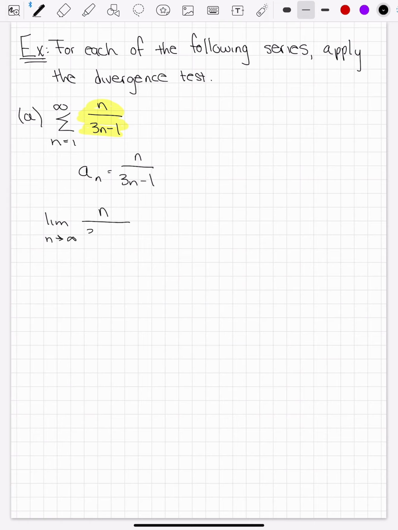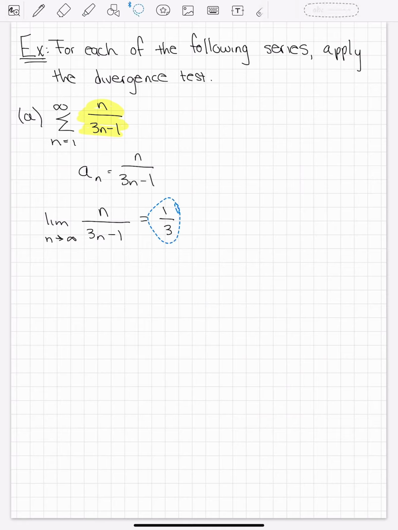n over 3n minus 1, and you can do this however you love to do it. You can use L'Hopital's rule, or you can just see the highest power on the variable, which is n in this case, is the same with 1 in the numerator and the denominator. When that happens, we just use the coefficients of the variable of the highest power. L'Hopital's rule will give us the same thing. If we do the derivative of the top, that would just be 1, and the derivative of the denominator would just be 1.